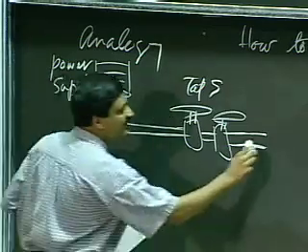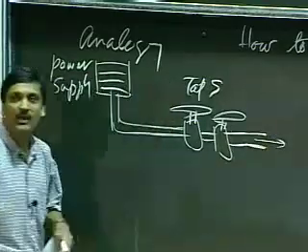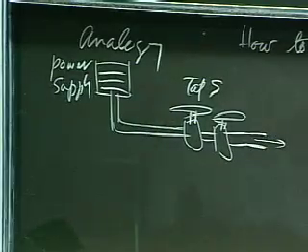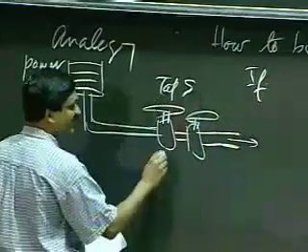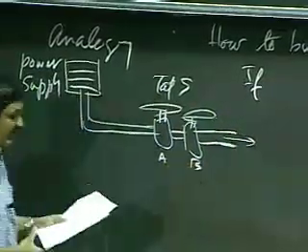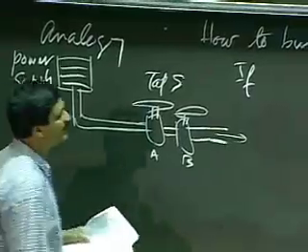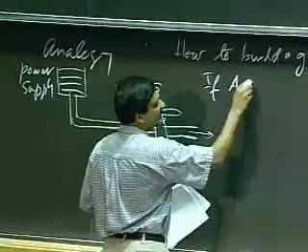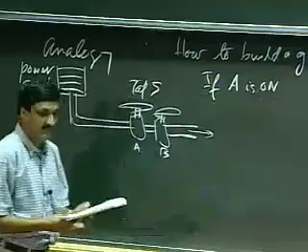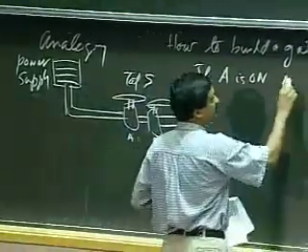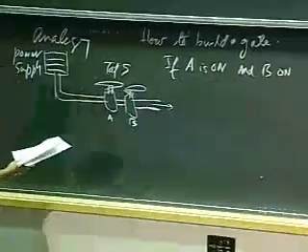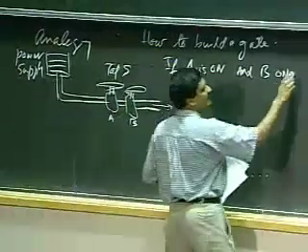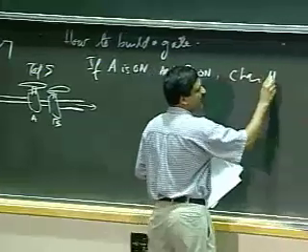So under what condition do you have fluid flow out of the tube at the other end? You will have fluid flow if, so let me call this A and B. Okay, so if A is on and B is on, then C has water.